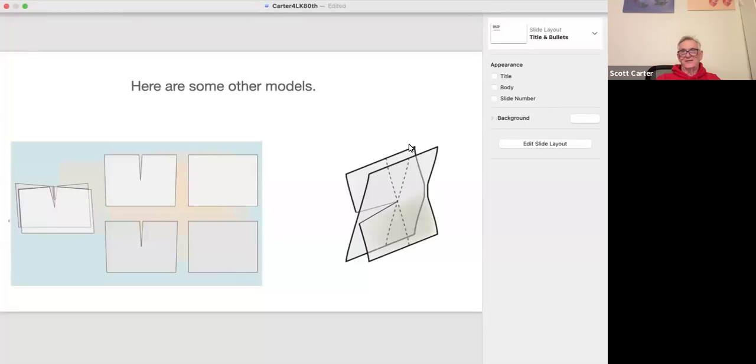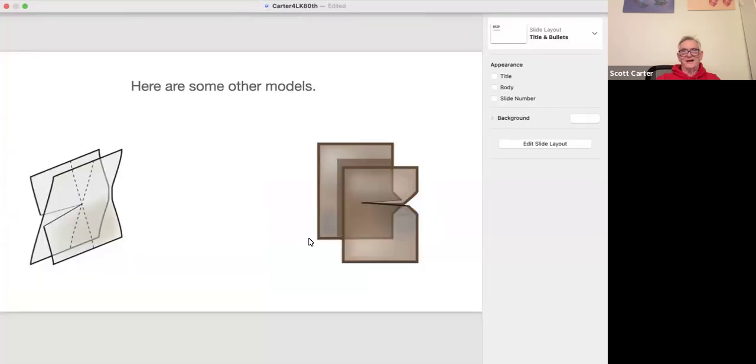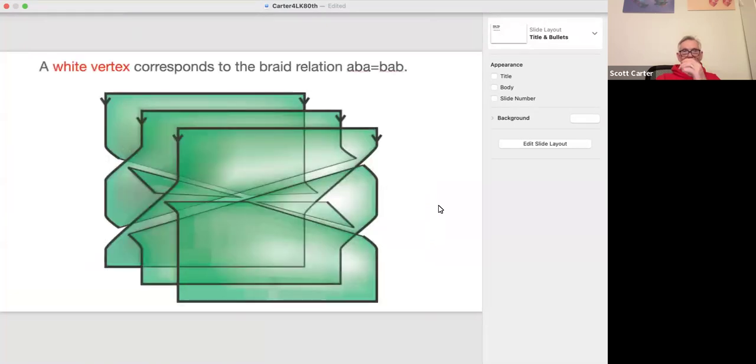So this is a drawing of that, and this is another drawing of this. This sort of emphasizes the braid nature of the picture. A white vertex in Seiichi's language corresponds to the braid relation ABA is BAB. It also corresponds to a broken surface diagram of a triple point.